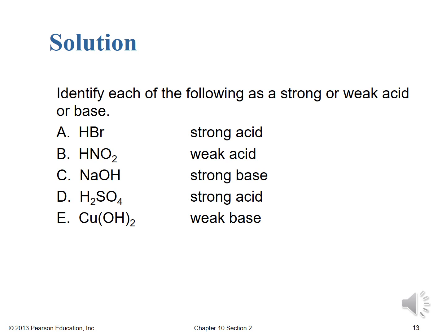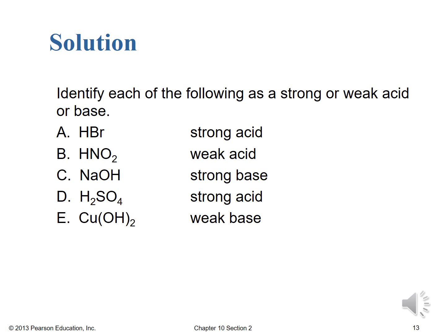Okay, so HBr, right, that was one of our 6 strong acids. Hopefully you remembered it. HNO2, you probably would guess that's an acid because it does have that H out in front, and since it's not one of our strong acids, HNO3 yes, HNO2 no, as far as strong acids go, you would identify this hopefully as a weak acid. NaOH was one of our 6 strong bases that we memorized, and therefore hopefully it was pretty easy to identify it as such.